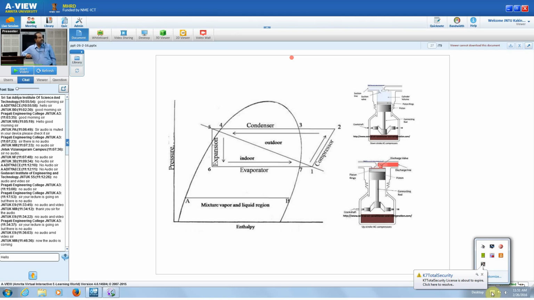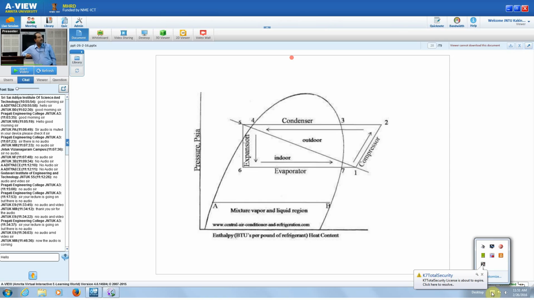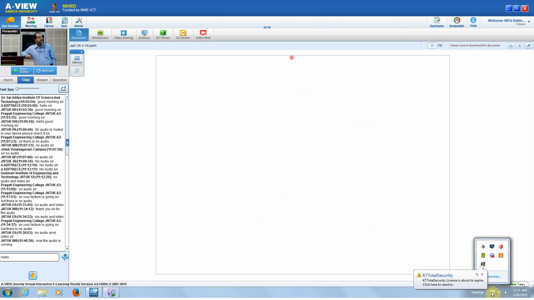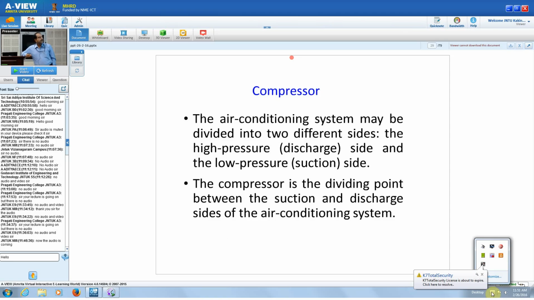Next slide. Next slide. The air conditioning system may be divided into two different types. The high pressure, that is the discharge, you can say, discharge valve, discharge line, discharge side, and the low pressure.